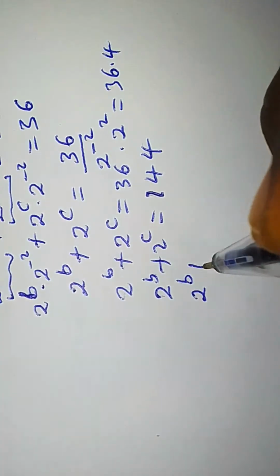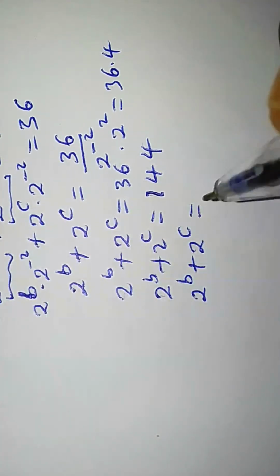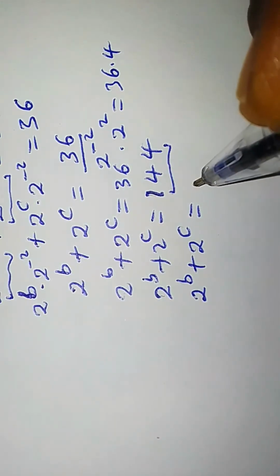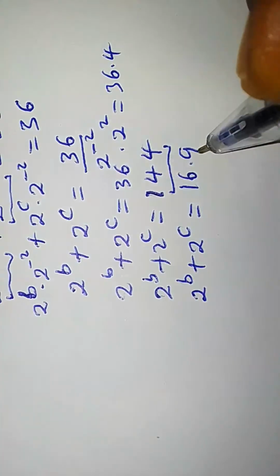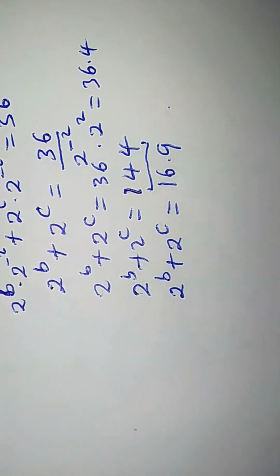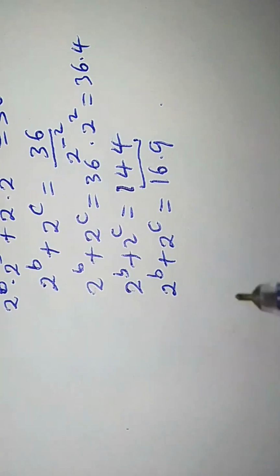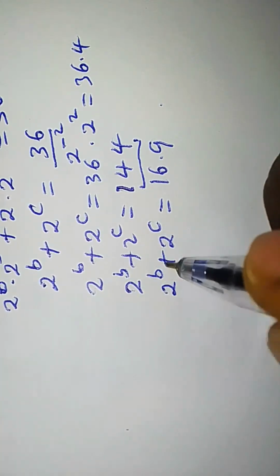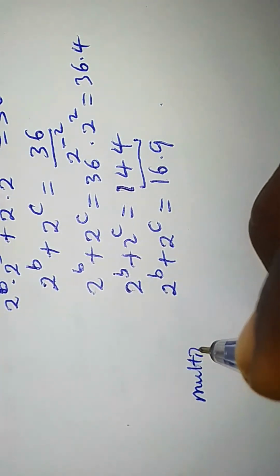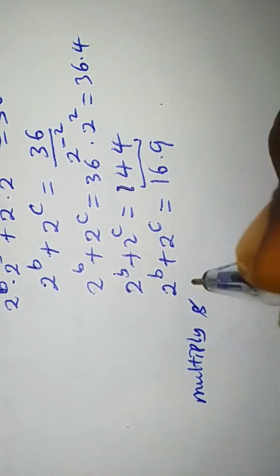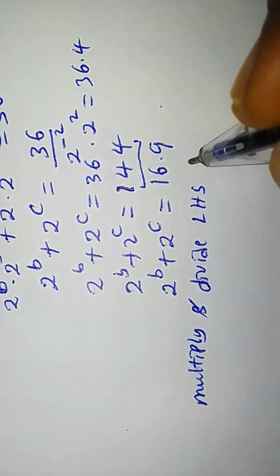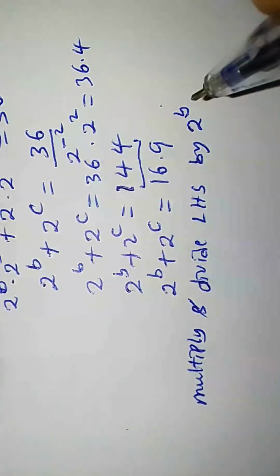Let's proceed further. 2 raised to b plus 2 raised to c is equal to 144, could be written as 16 times 9. Just take note of this line. As we did earlier, we are going to multiply and divide the left hand side by 2 raised to b.